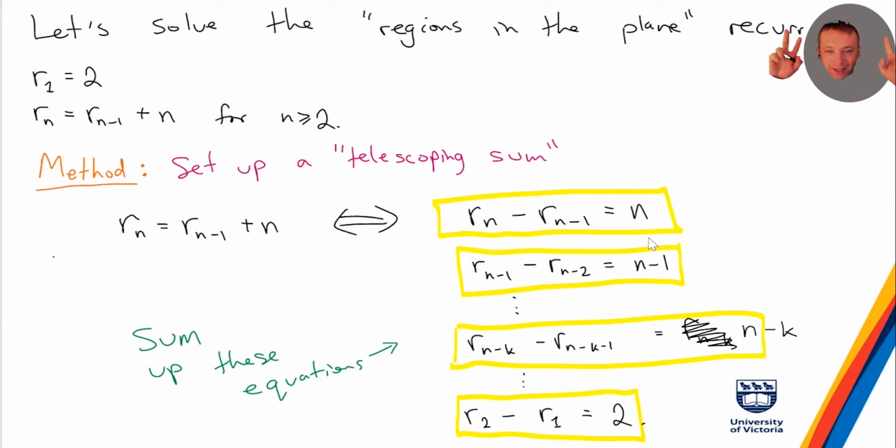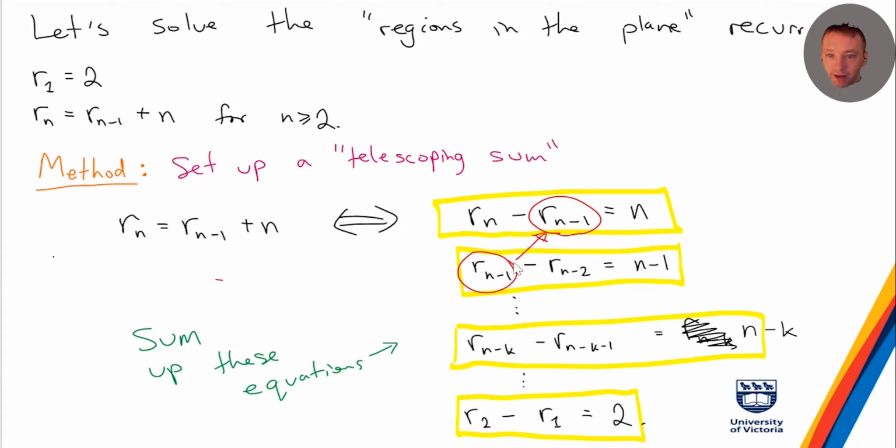This is the telescoping cancellation. What happens to my Rn minus 1 here that's being subtracted? It's being subtracted here, and it's being added on the next line, so these cancel.